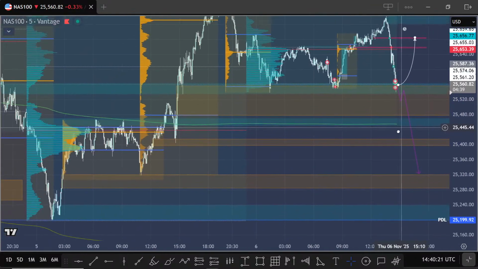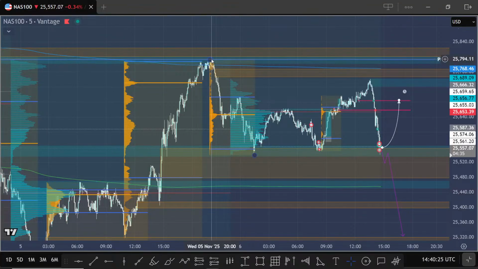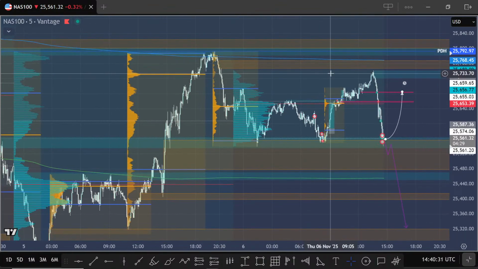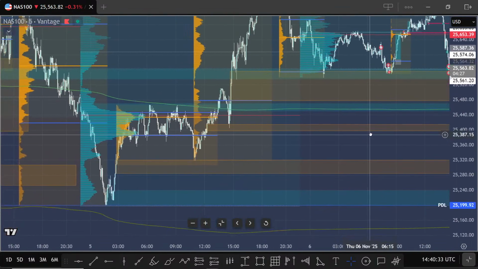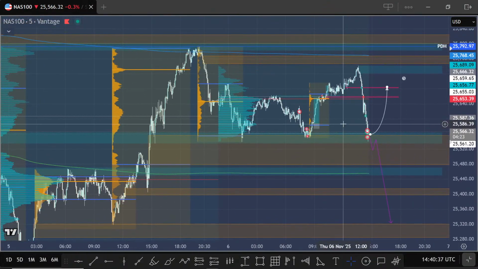Kind of looking for this. It's interesting. We've tapped the, no, that's the previous daily high. So we haven't gone past that. We haven't gone past the previous daily low. So we've not swept either of them.